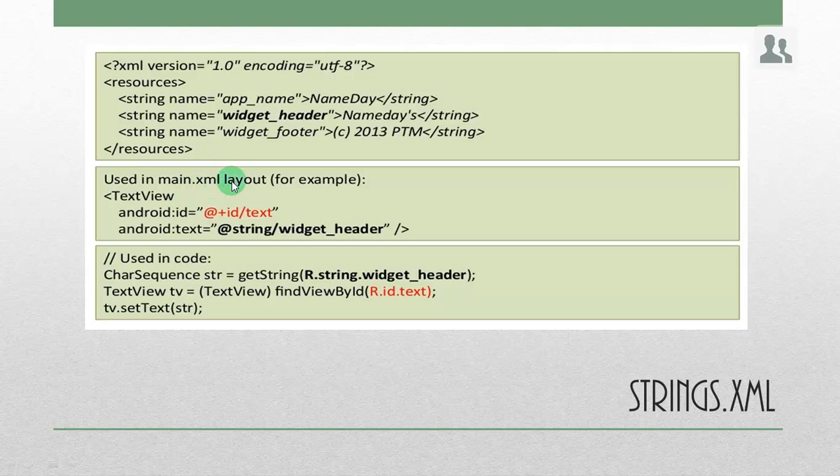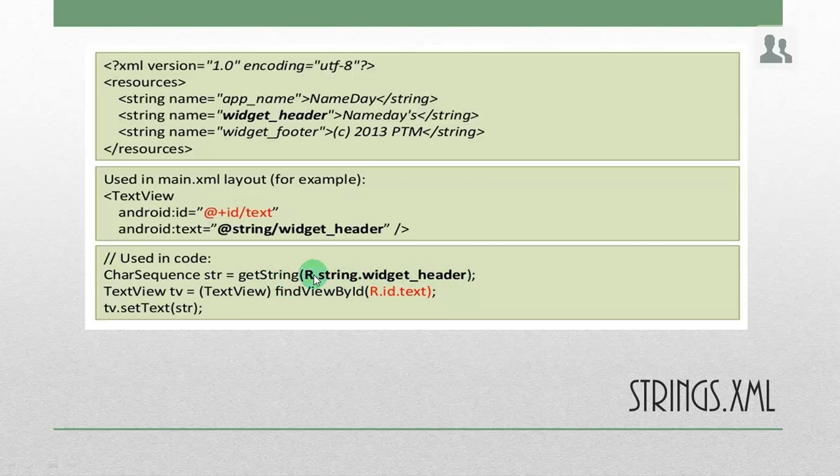And if you want to use those strings that you have stored in the string.xml file inside the code, then you can use the ID that you have already given to that particular thing. That is, CharSequence str equals getString(R.string.widget_header).